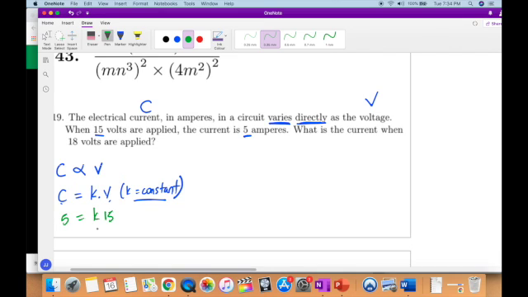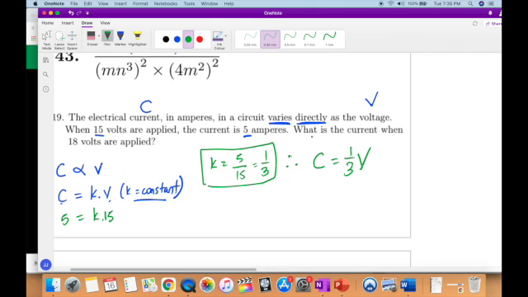So now 15 is equal to K multiplied by 5. I can actually find what K is. K is now equal to 5 divided by 15, which is a third. So now I have my final equation. I found out what K is. So now my final equation is C equals a third times V.